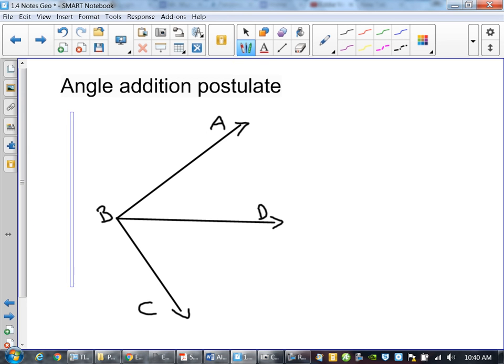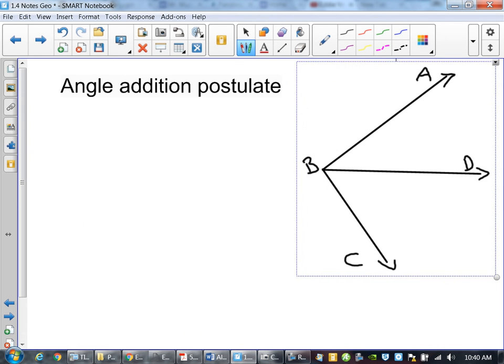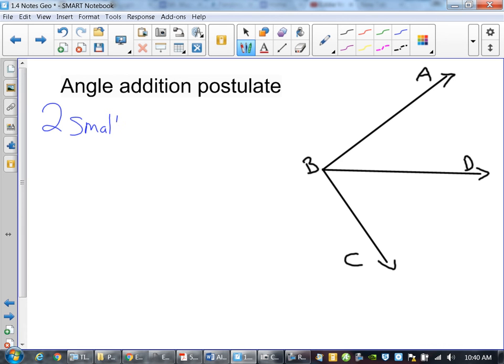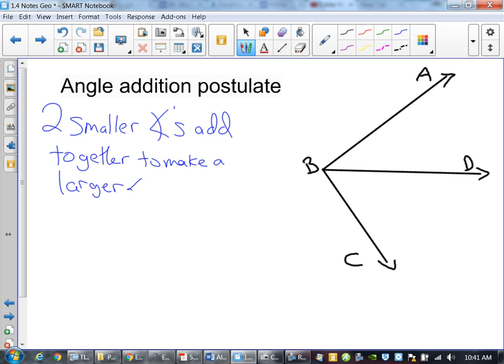So if I look at this, two smaller angles add together to make a larger. One thing though, they must have the same vertex.